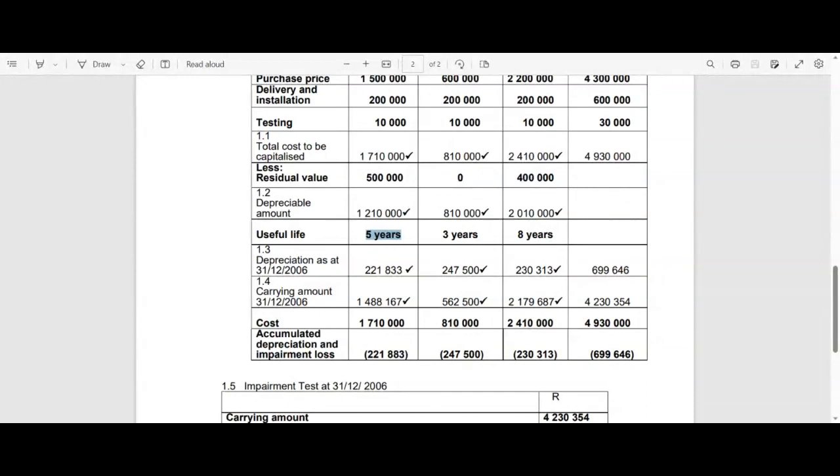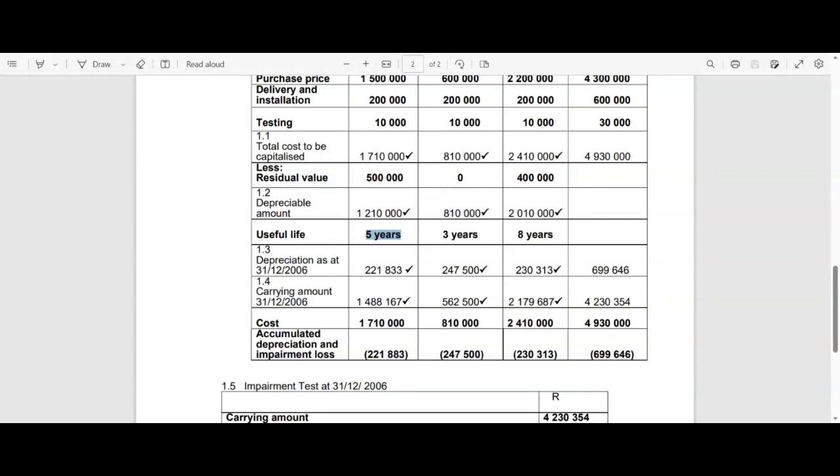If this had been for 12 months, if this had been for a full year, then our depreciation would have been 242,000. But now we only had that asset available for use for 11 out of those 12 months. So what we have to do now is multiply by 11 and divide by 12.